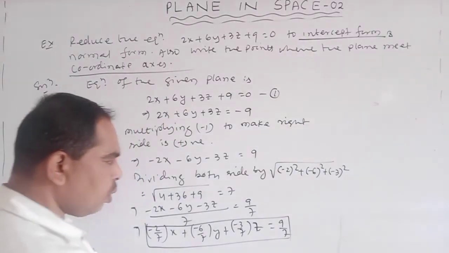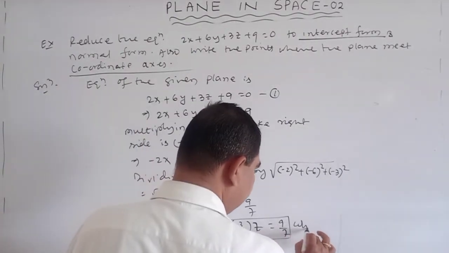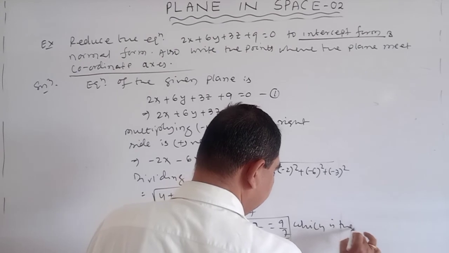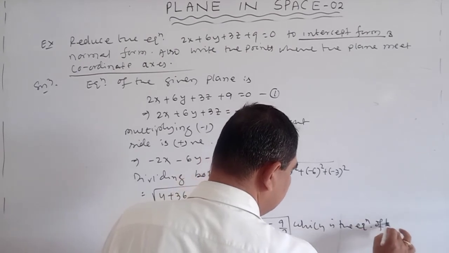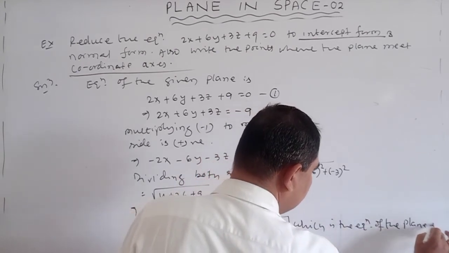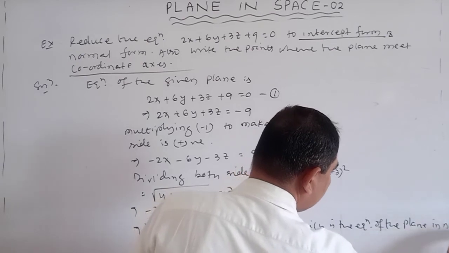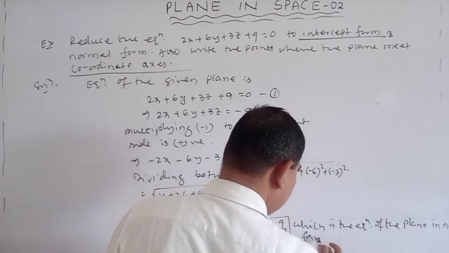Which is the equation of the plane in normal form? Normal form.